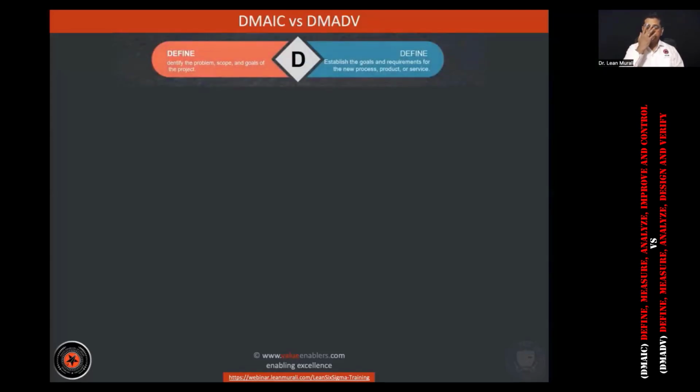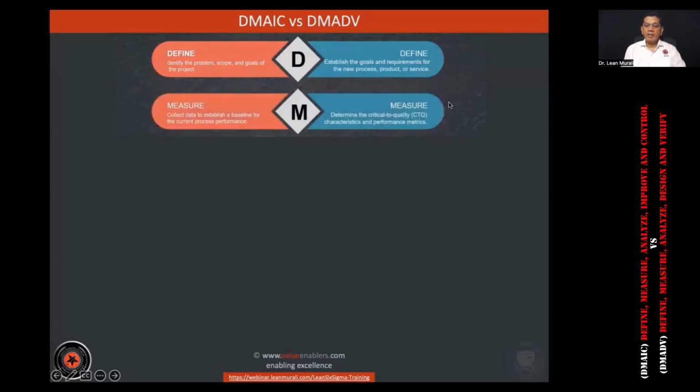Now on the DMAIC side, in define, you define the problem, scope, and the goals of the project. Whereas in the define phase of DMADV, you establish the goal and requirements for the new process, product, or service. Then in the measure phase, from the DMAIC point of view, you collect the data to establish the baseline of the current product performance.